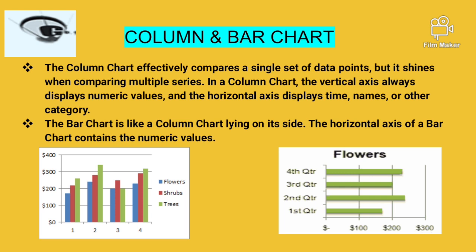The x axis of a column chart represents the names of the categories, while the values assigned to each category are represented on the y axis. The x axis is known as the category axis and the y axis is known as the value axis. The x axis is the horizontal axis and the y axis is the vertical axis.